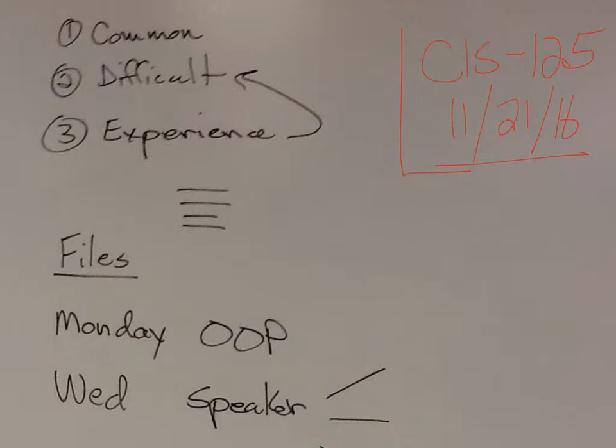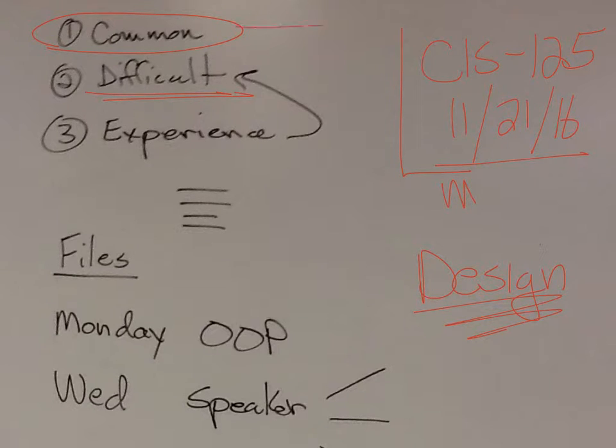So today, it's Monday, we did some work in class, and I talked about the project as a whole. I talked about things that are common. What we did was they received a design. They had to do a design, and we talked about the difficulty in doing that.